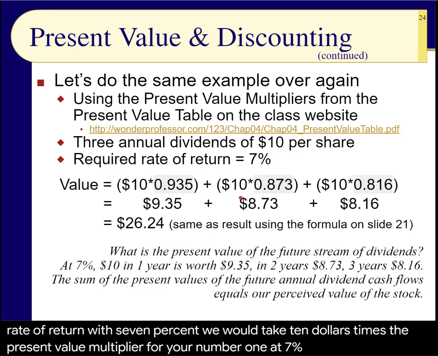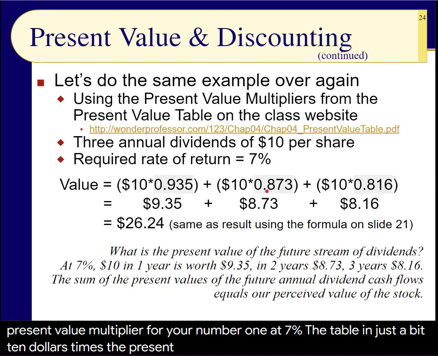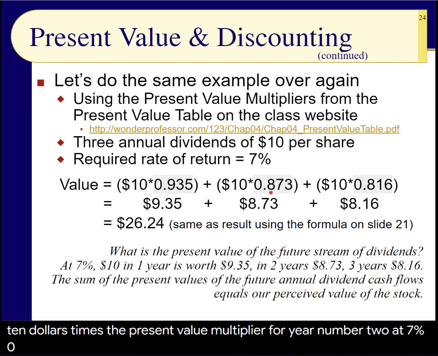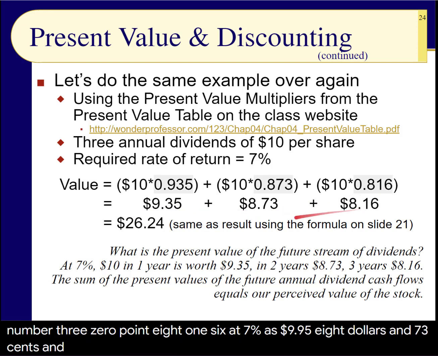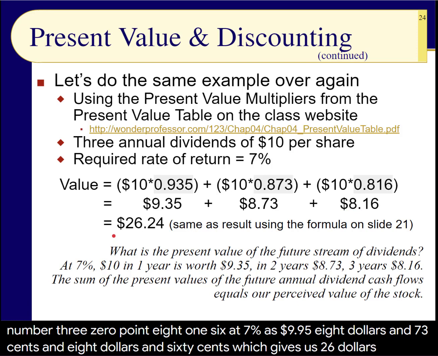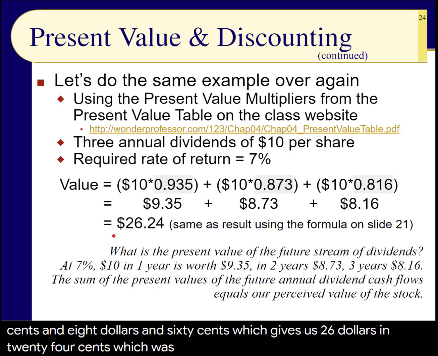And we'll take a look at the table in just a bit. $10 times the present value multiplier for year number 2 at 7%, 0.873. And then $10 times the present value multiplier for year number 3, 0.816 at 7%. That's $9.35, $8.73, and $8.16, which gives us $26.24, which was the same result we got with the formula.